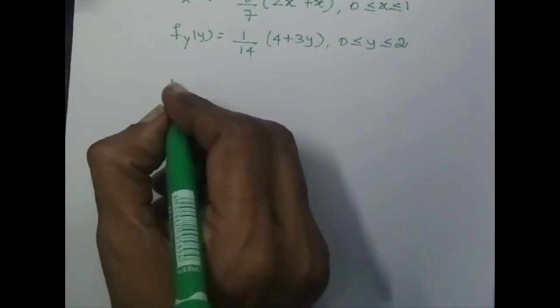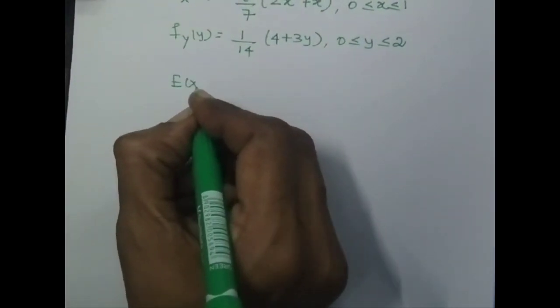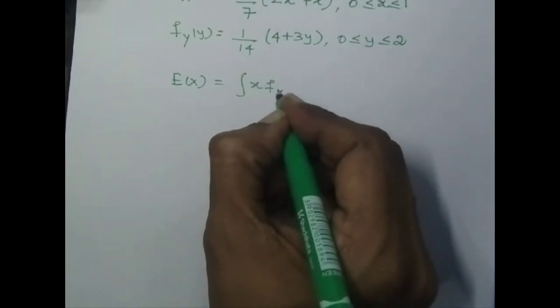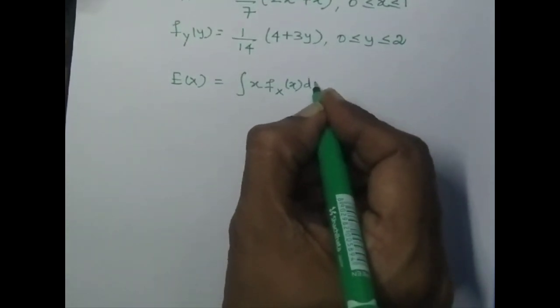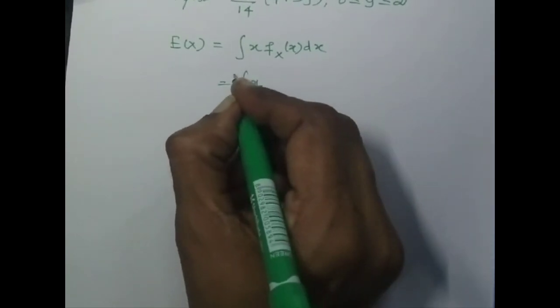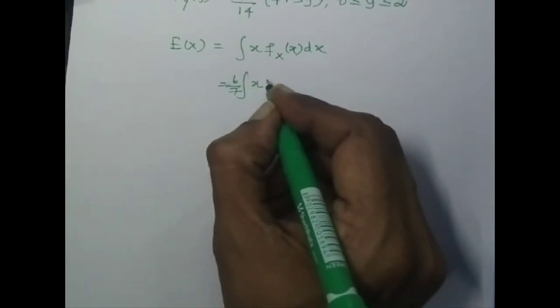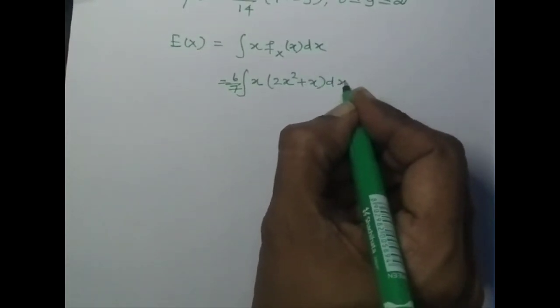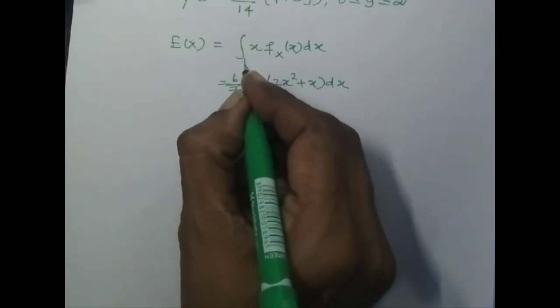Now let us find E of x. E of x is given by integral x into f x of x dx. So it is equal to integral x into 6 by 7 into 2x square plus x dx, where x varies from 0 to 1.